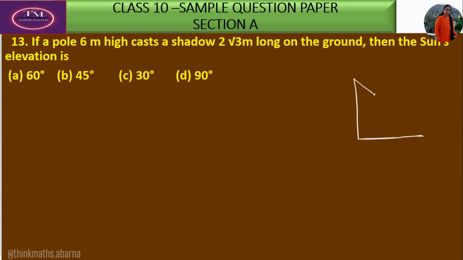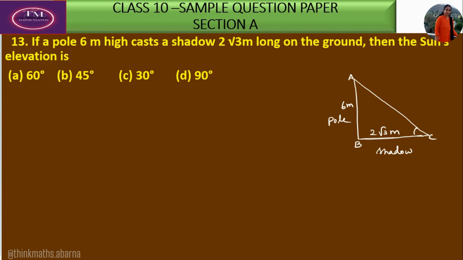So let us form a right angle triangle by joining the pole to the ground. So this pole is 6 meter high. So AB is the pole, BC is the shadow. So what is the length of the shadow? It is 2 root 3 meter.